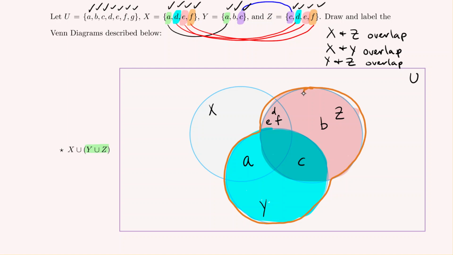And it says we need to union this with X. Union again is the idea of everything in the first group plus everything in the second group. Now X I'm going to highlight in green.